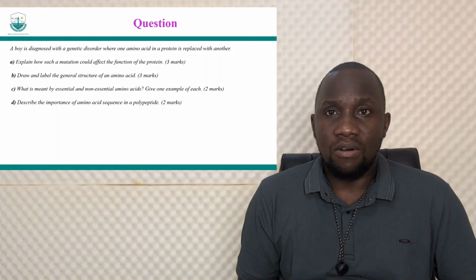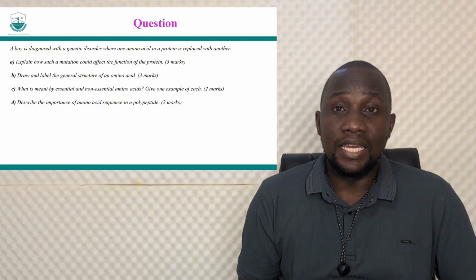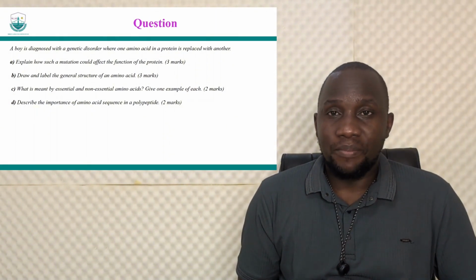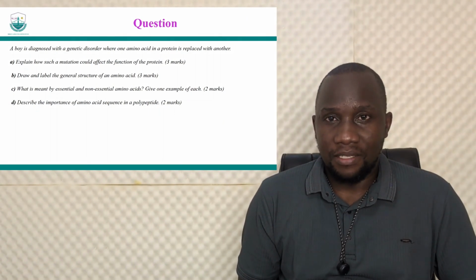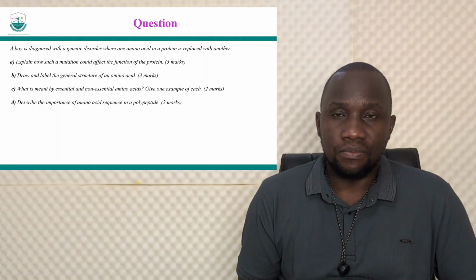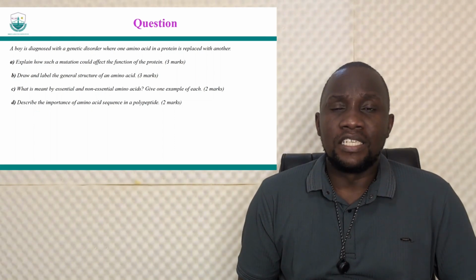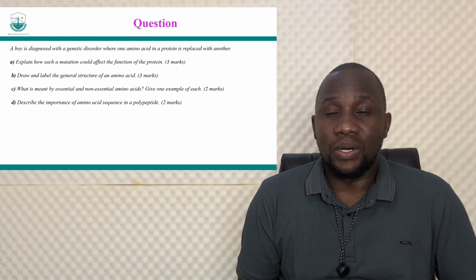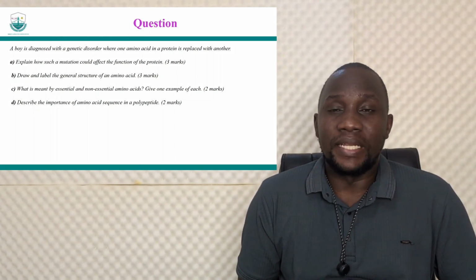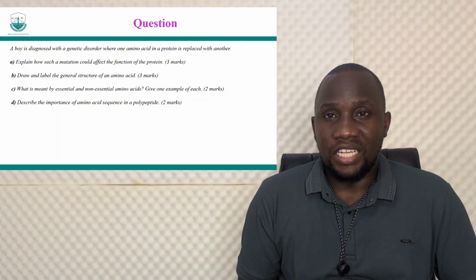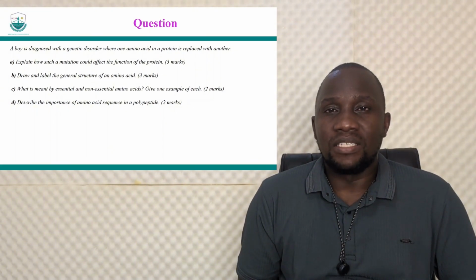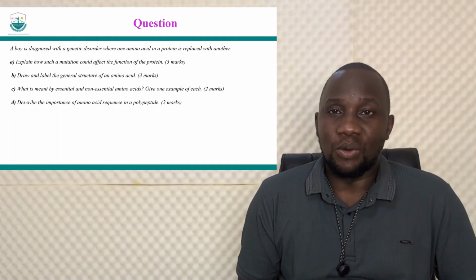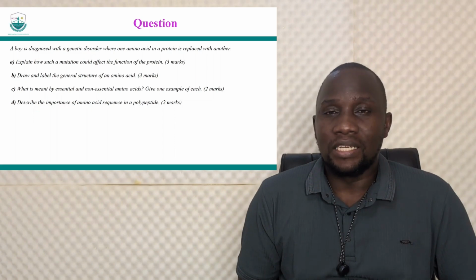Now the question is, how are these mutations in the genes or chromosome actually related to the proteins? The point is that it is the genes that instruct the cell the type of amino acid to be made, and consequently the type of protein to be made. So that means that if there is a problem in the genes or in the chromosomes, then you're not going to have the right protein.